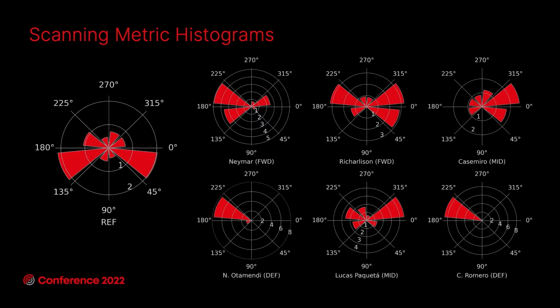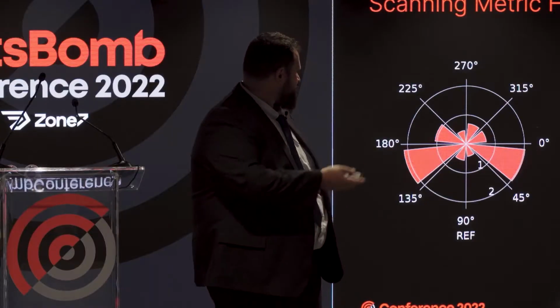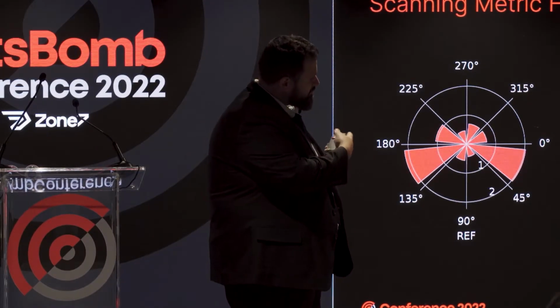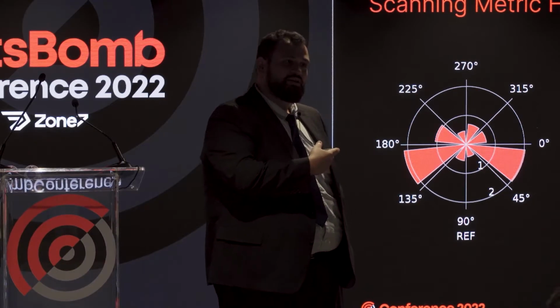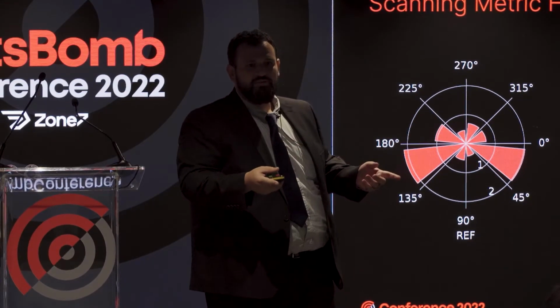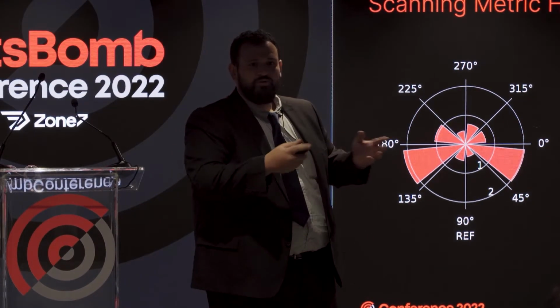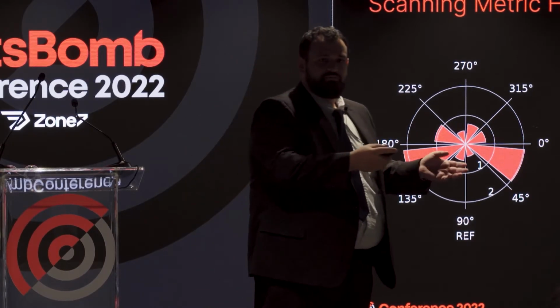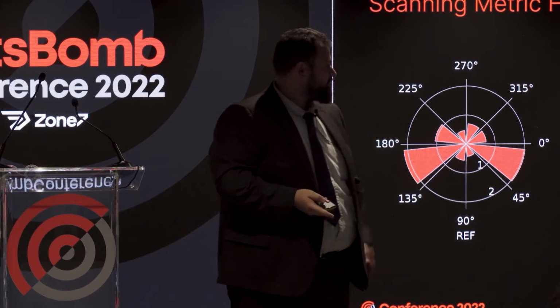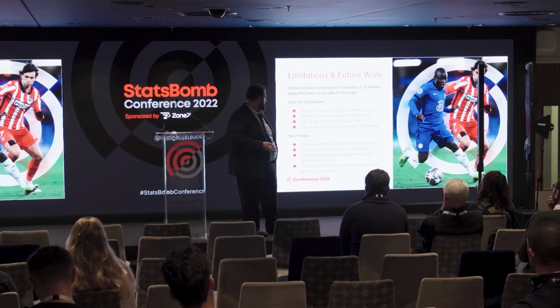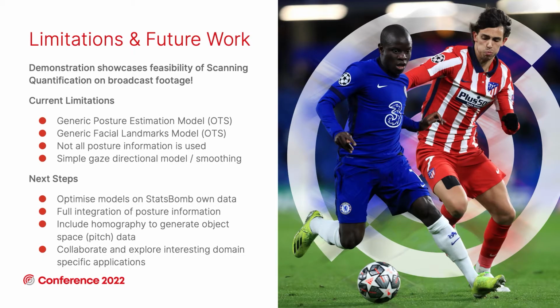But this is the sort of thing we can see. And this has been done on a player-by-player basis on that particular game, on a particular segment. You can do it for an entire game or some part of a game or play that you are interested in. So that's kind of where we are at the moment.